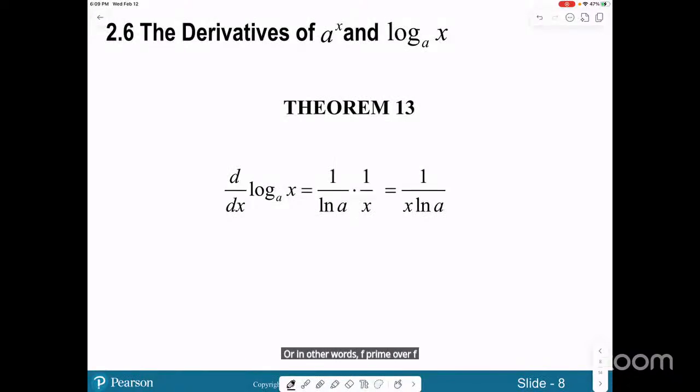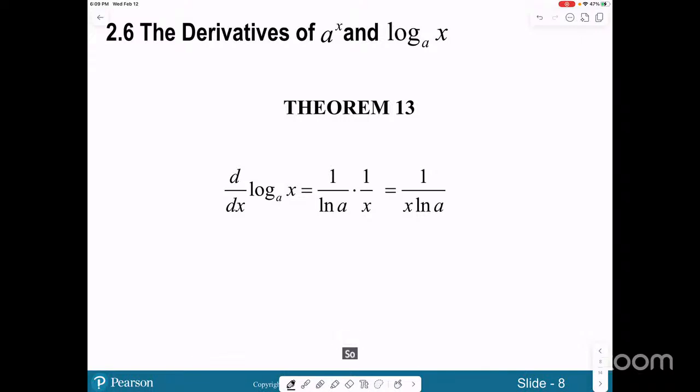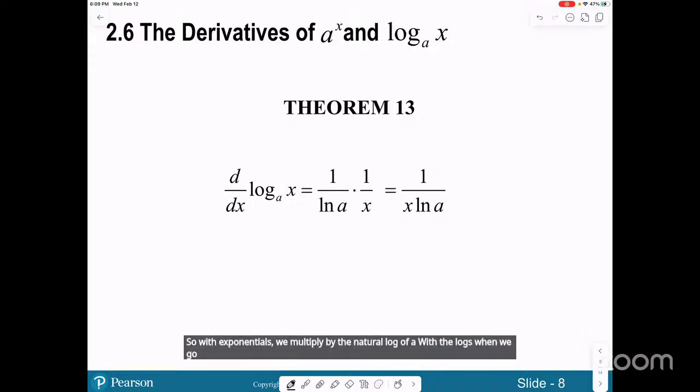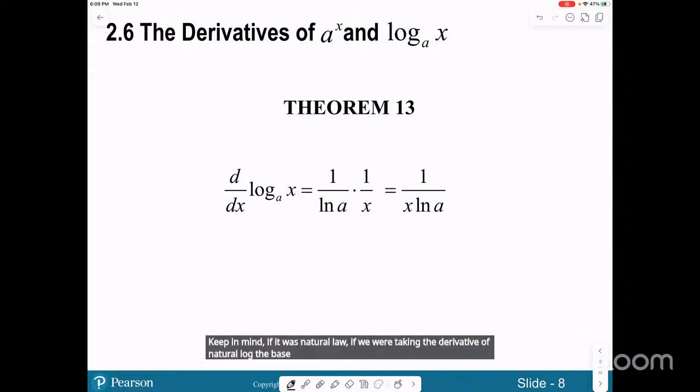So this is essentially the same thing with the caveat that we have to multiply by 1 over the natural log of a. So with exponentials, we multiply by the natural log of a. With logs, when we take the derivative, we're still doing du over u, but we have to multiply by 1 over the natural log of a. Keep in mind, natural log is the same as log base e.